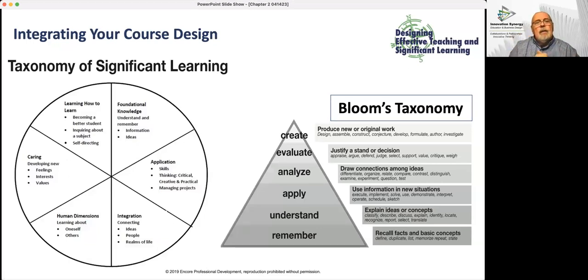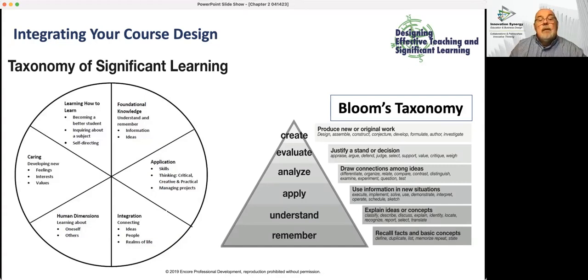The taxonomy that Fink created, on the left-hand side of significant learning, works with these 6 pieces of the pie. In a course, you will notice that all 6 exist. In Bloom's taxonomy, you don't have to have all 6, but in Dee's work, he really talked about having these 6, which were foundational knowledge, application, integration, the human dimension of learning about oneself and others, which is newer to a lot of people because they haven't worked with that, and the caring, or the valuing of developing new feelings, interests, values.